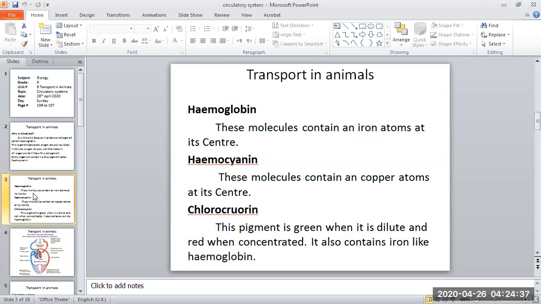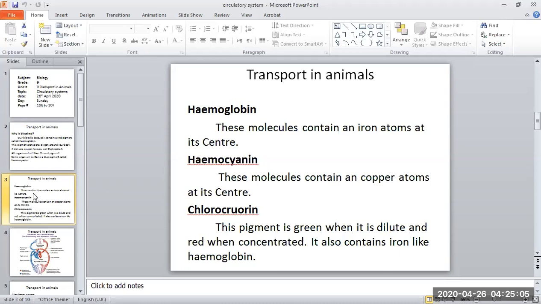And if the absorption of oxygen is less in our body, then the energy from the food can't be completely released. So it is very important that the quantity of red cells in our blood is right.